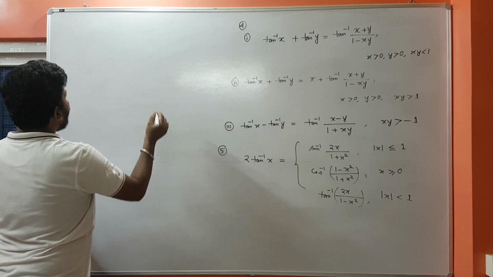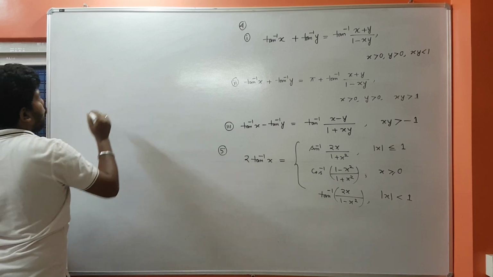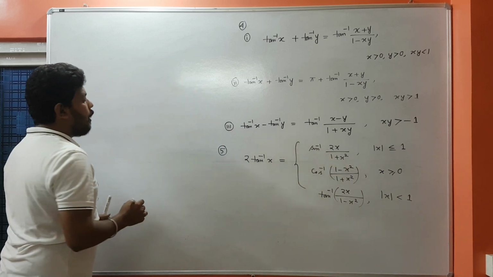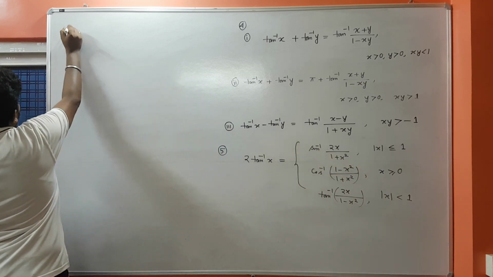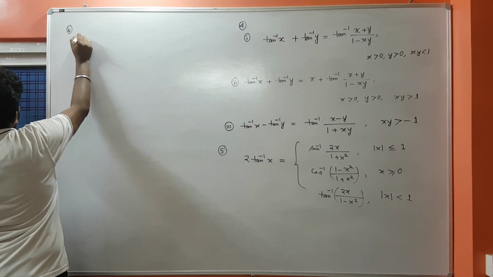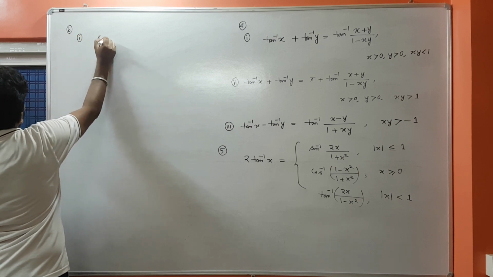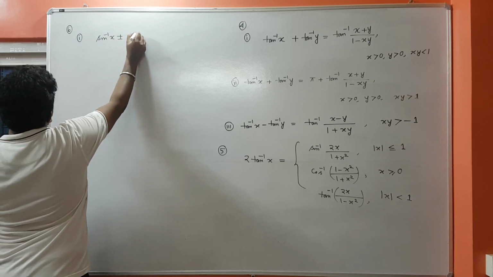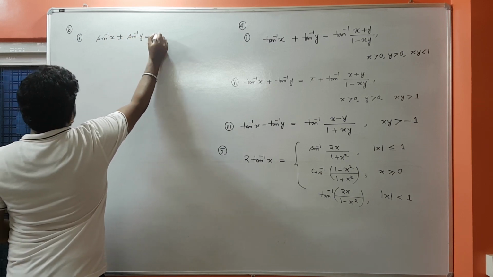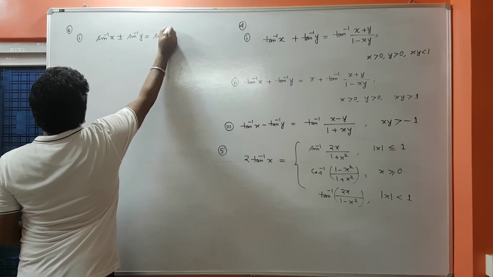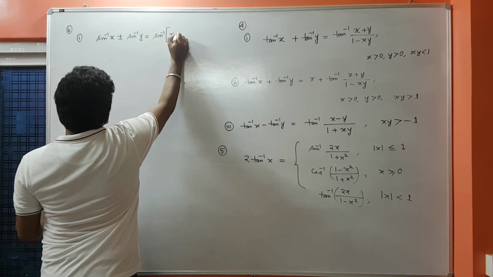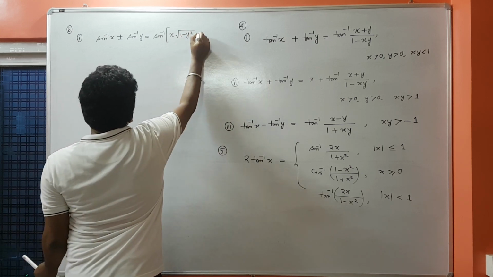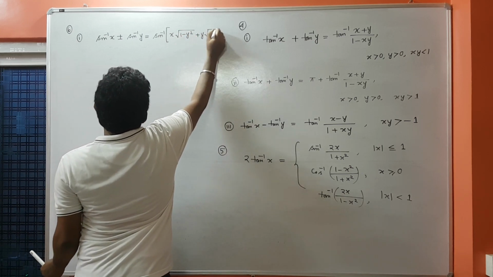And a few more formulas are there which are not given in the NCERT syllabus, but we have to learn those formulas too. Set 6, number 1: sin inverse of x plus minus sin inverse of y is equal to sin inverse of x into square root of 1 minus y square plus y into square root of 1 minus x square.